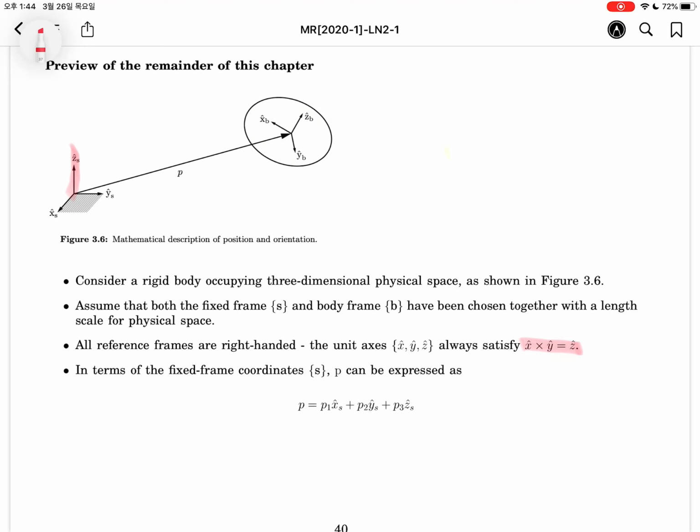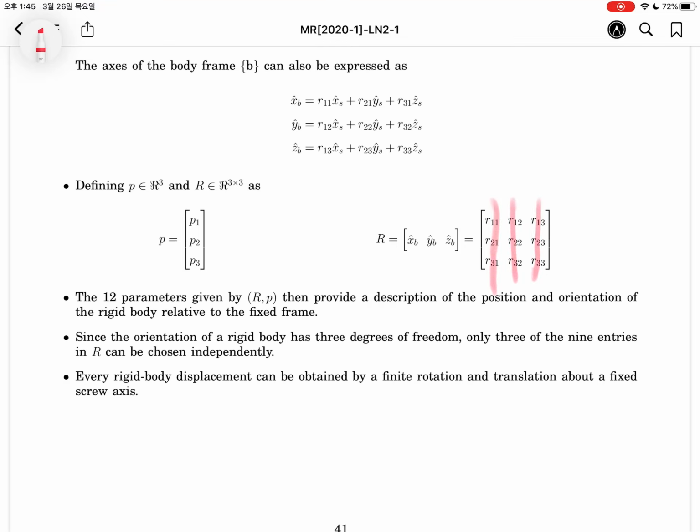Okay, like this we can define the space frame, and let's attach the body frame like this to the center of mass of the rigid body. To describe the rigid body motion, the position p and a rotation with 9 elements will be required. So the point P can be expressed like this, and the rotation matrix will be described by expressing the x-axis, y-axis and z-axis in terms of the S frame as 9 elements.